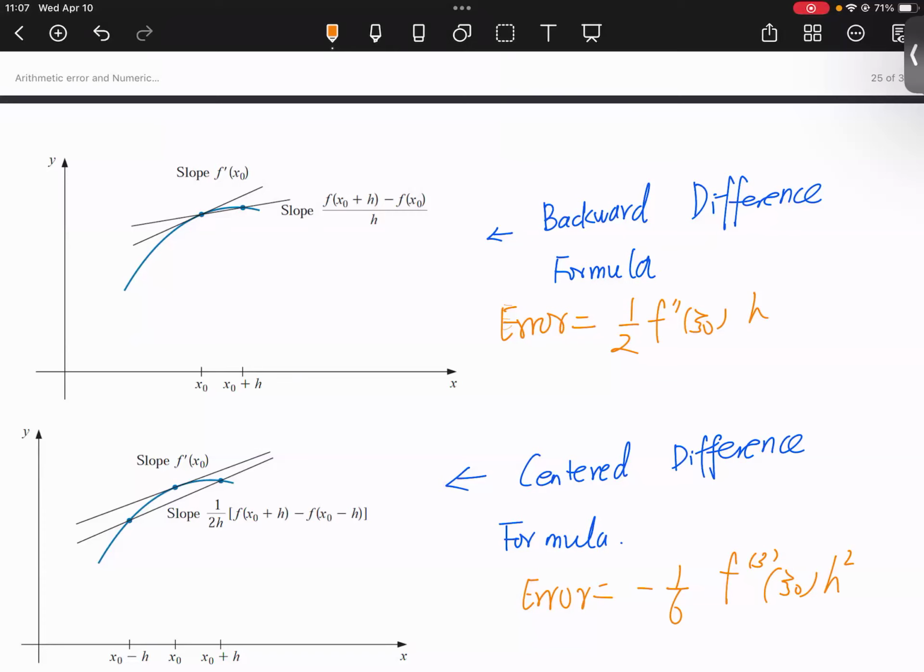Any questions? In this class, I will also introduce another way to approximate the derivative with a higher order, which means that we have more accuracy there. Any questions? No. I hope these pictures help you understand the whole thing here.